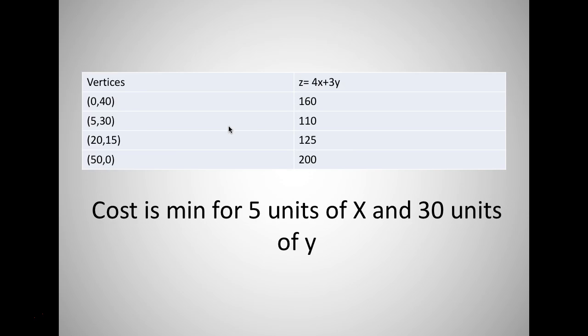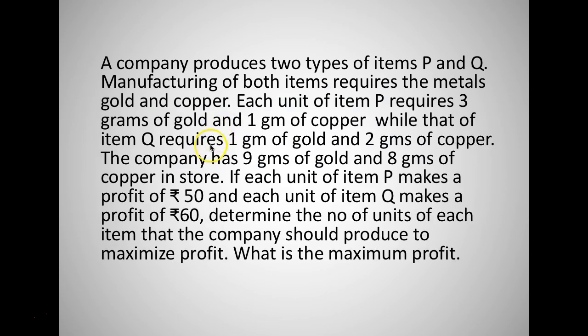Now we will see how to put both these problems together. Going to the next question, a company produces two types of items P and Q. Manufacturing of both items requires the metals gold and copper. Each unit of item P requires 3 grams of gold and 1 gram of copper, while that of item Q requires 1 gram of gold and 2 grams of copper.